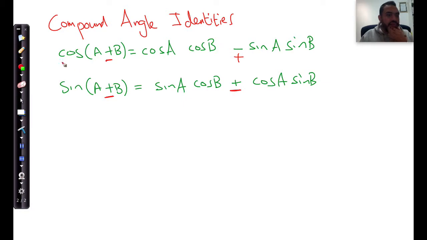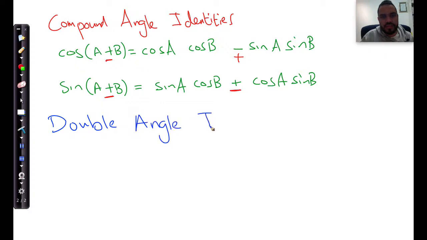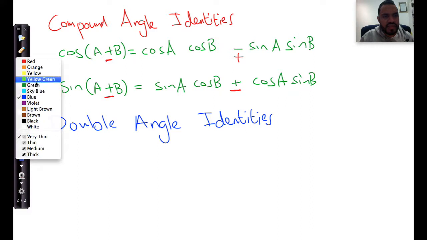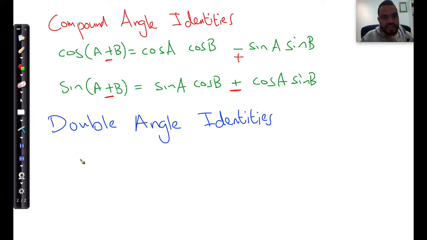And then the double angle identities, that's simple, that's derived right from here. So I'm just going to list that over here. The double angle identities are as follows. Let's start with the easy one.